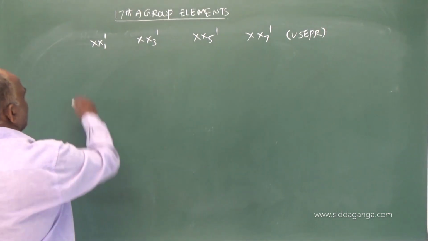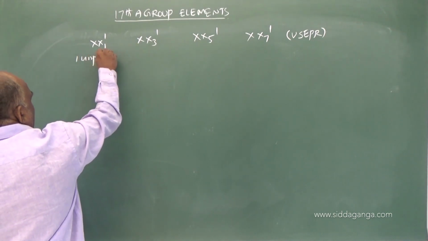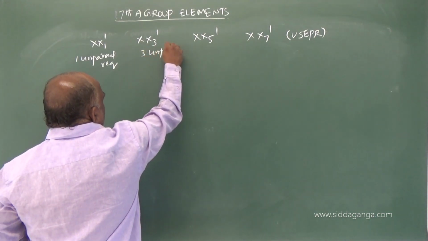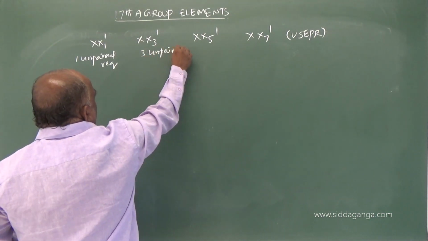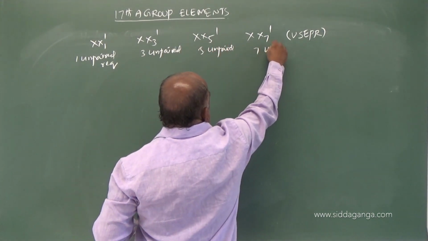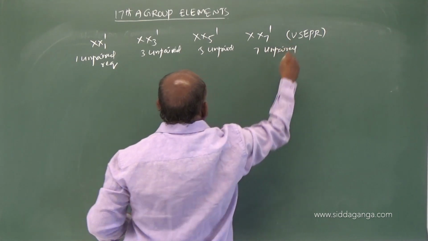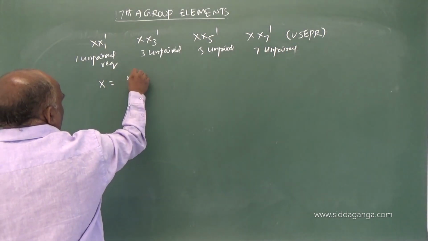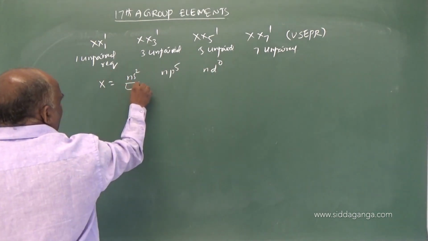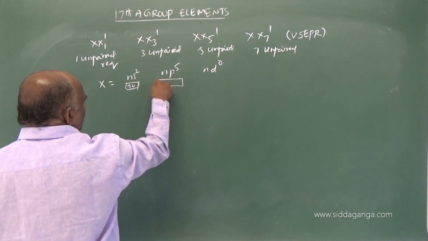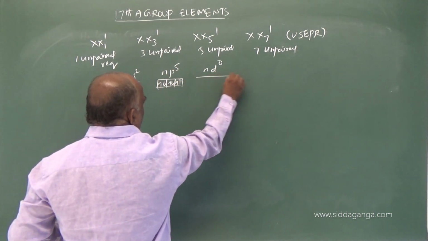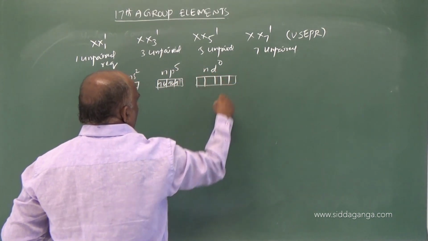So according to these formulas only you have to find. Here 1 unpaired is required, here 3 unpaired, here 5 unpaired, here 7 unpaired. So already we know X has ns2 np5 and d0.